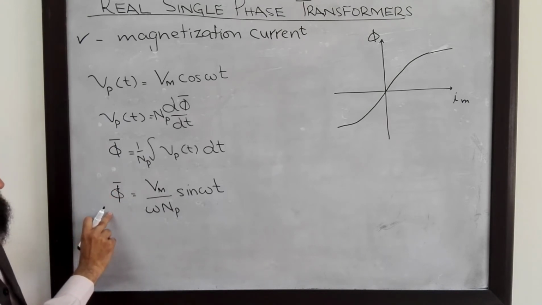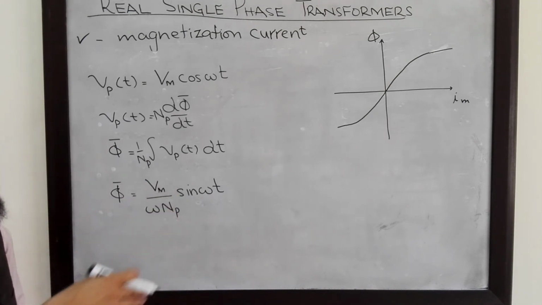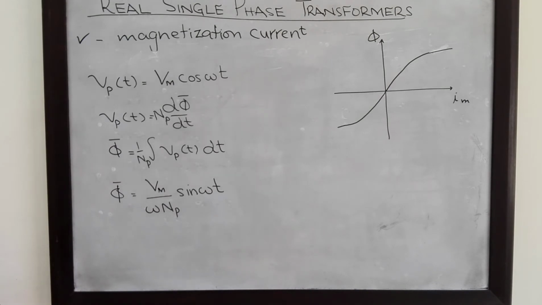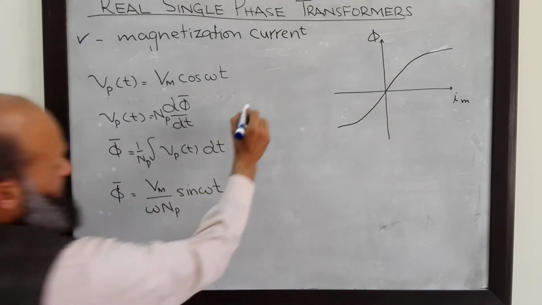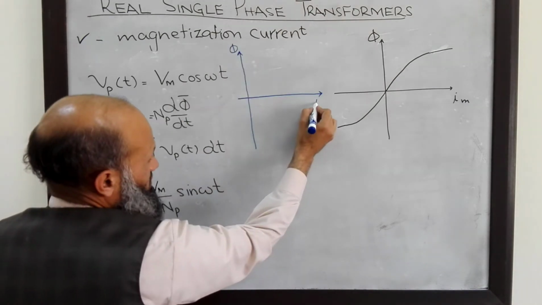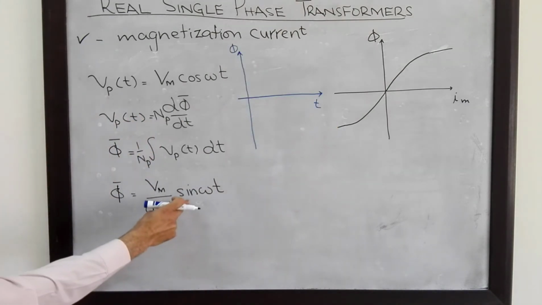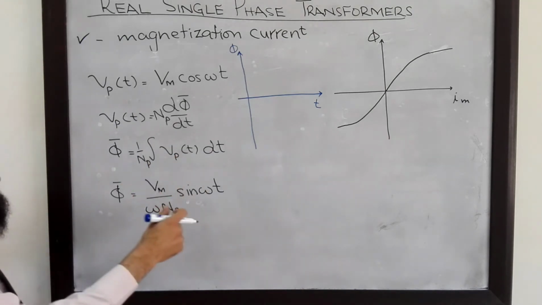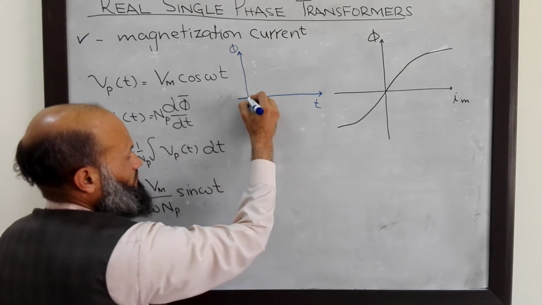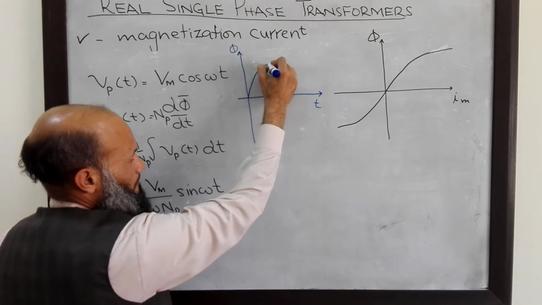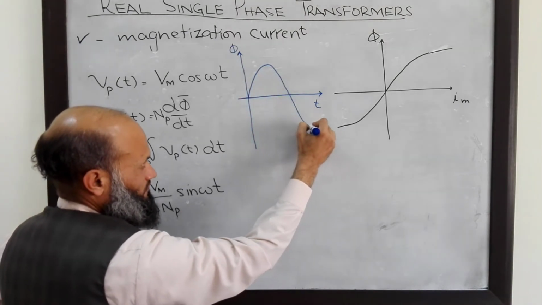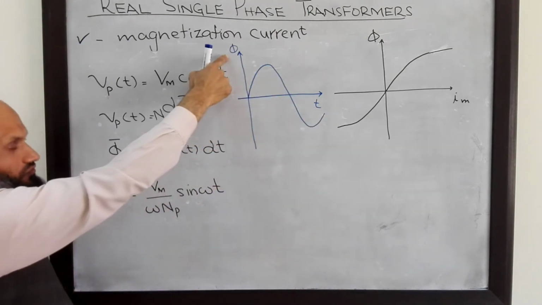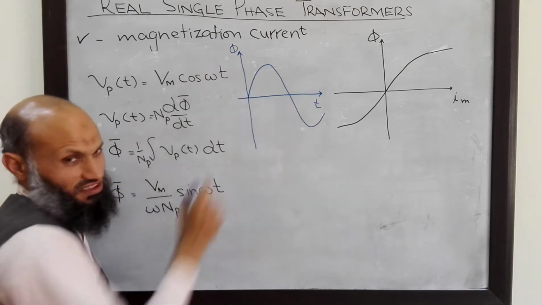Corresponding to this flux, we can plot the magnetization current. So this is the flux plotted in the time domain. This is the time axis, and we already know the plot of this curve will be a sinusoid. So this is the graph of flux versus time.